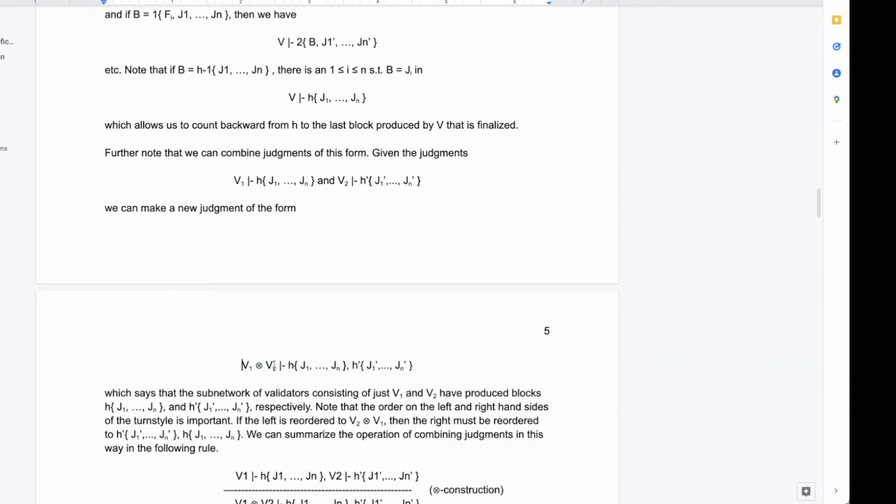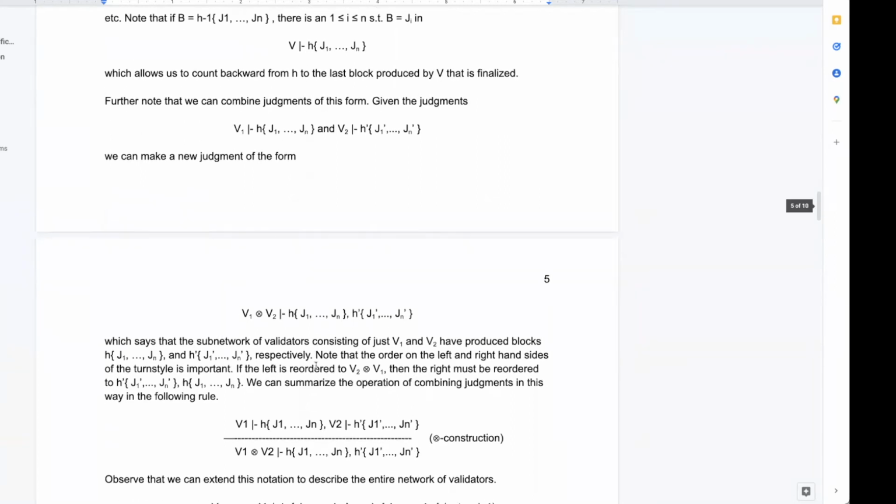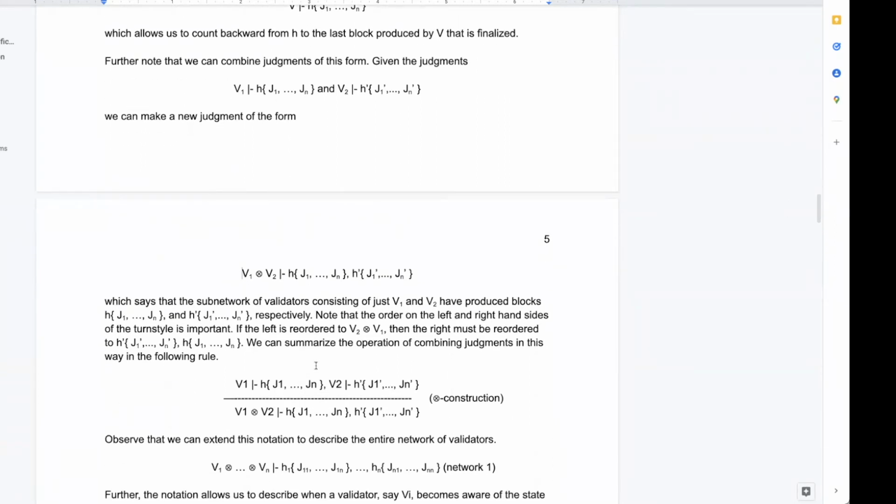It is important to note that if we reverse this order on the left of the turnstile, we would have to reverse the order on the right of the turnstile. And we can formalize this into a rule.